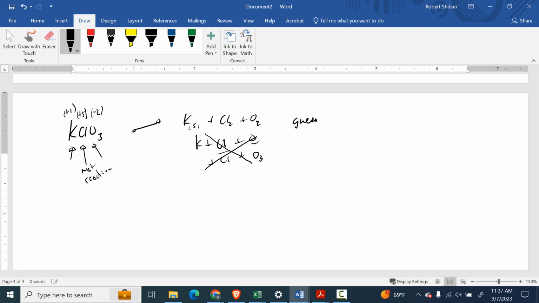Now, these aren't free ions here. We're looking at the ClO3- ion, which is a polyatomic ion, and the potassium ion here. It's not free, but chlorine is going to be the most reactive element or atom in this compound. And it's the most reactive because it should be a good what? It should be a good oxidizer.